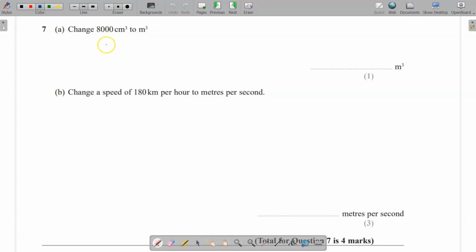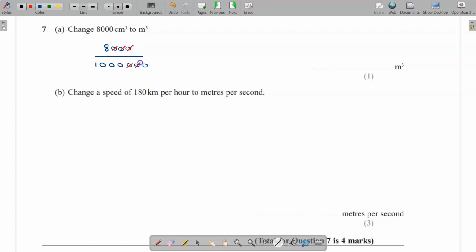So if we write this out properly, we've got 8,000 over 1 million. We'll just cancel out some zeros. Okay, it is only 1 mark, so they won't expect you to do much in the way of working, but just to explain how it works, we'll just cancel out some zeros. So we take those 3 out.